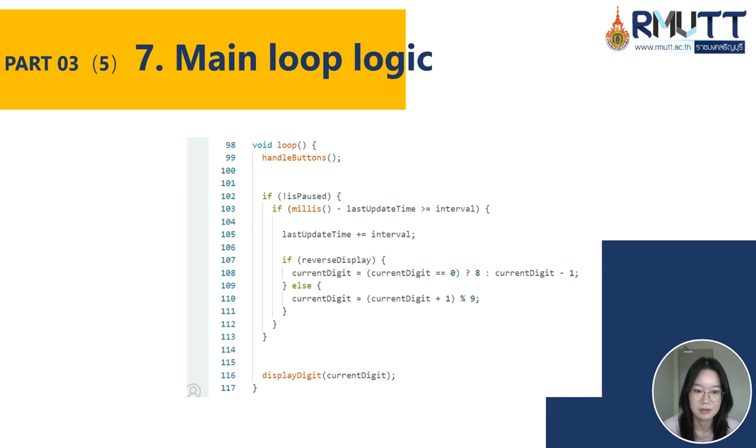When not paused, it increments or decrements the number based on the direction flag, and finally refreshes the digital tube display. This is the core control flow of the program.